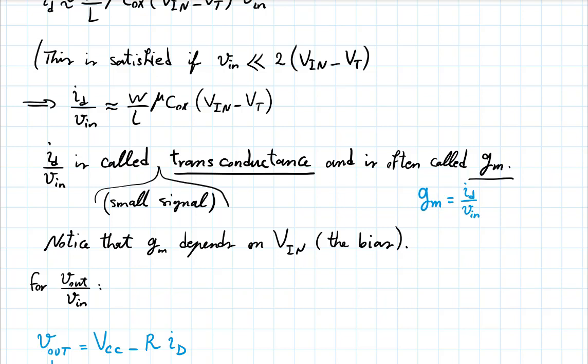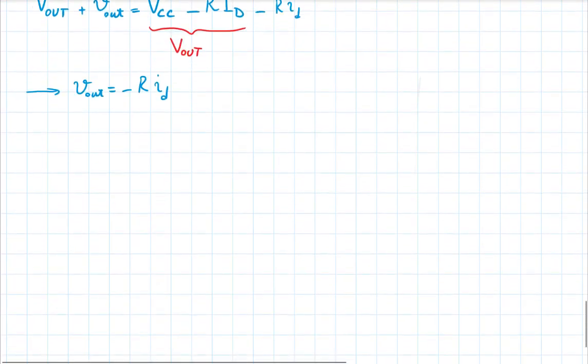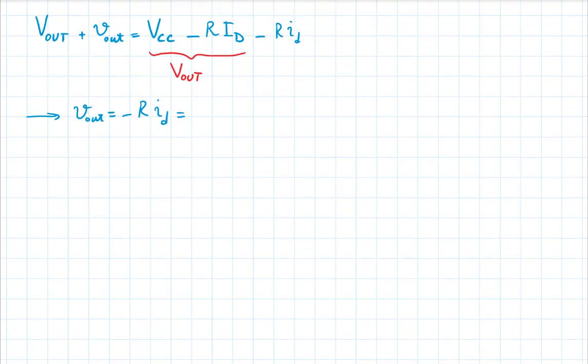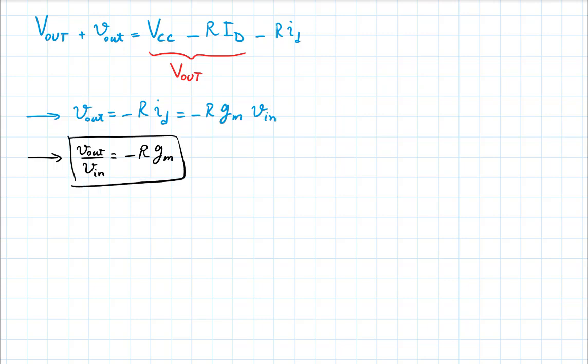So I can say ID is GM times Vn, and GM is what we had above.